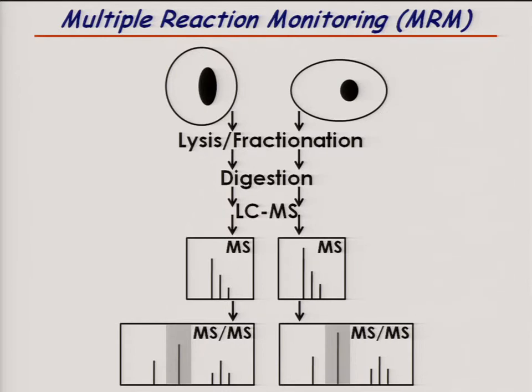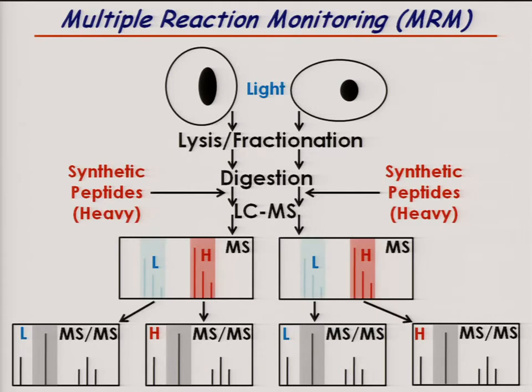Usually one uses a few transitions per peptide, typically between 3 and 5 transitions. To get higher accuracy, one often uses heavy synthetic peptides that are spiked into each sample. So in this case, one would look at the same transitions both in the light and the heavy peptides for all the samples.